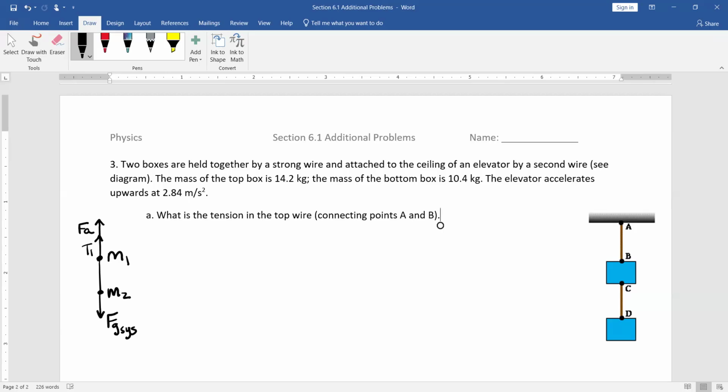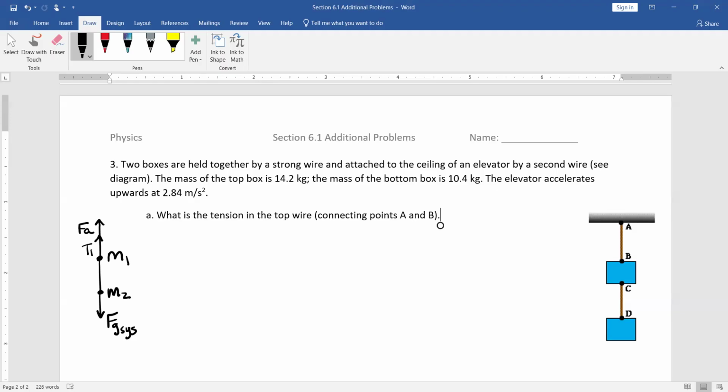And so to find the tension, let me just make sure I'm doing that right. I'm trying to picture it, right? So if you have one force pulling up on a string, in this case a wire, and then you have another force pulling down, both of those combined are going to increase the tension.